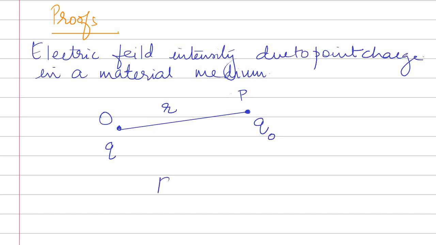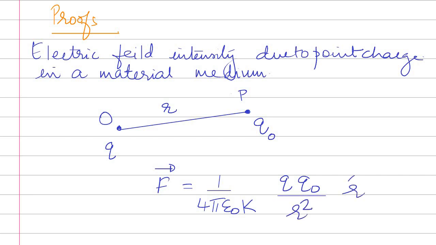The Coulomb force F bar would be equal to 1 by 4 pi epsilon 0 k, because it is a material medium. It need not be vacuum. Q q0, the two charges, upon r square, the distance between the two charges, and my unit vector.